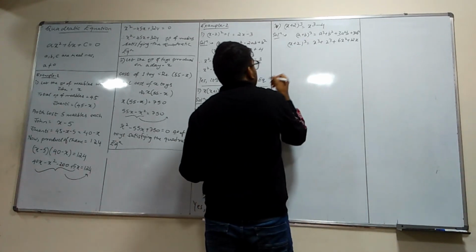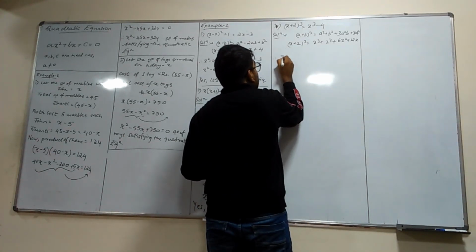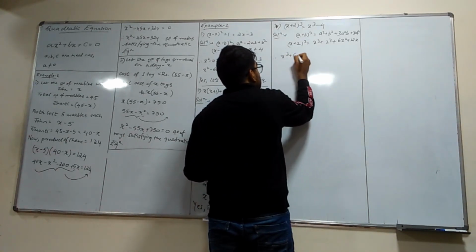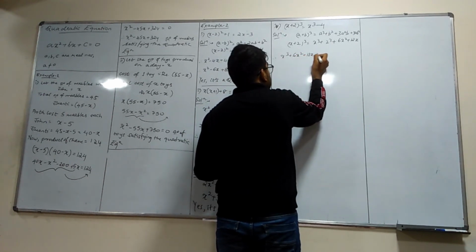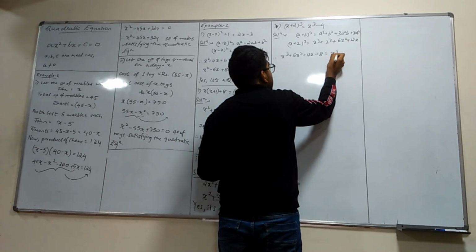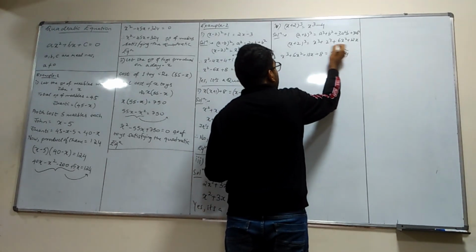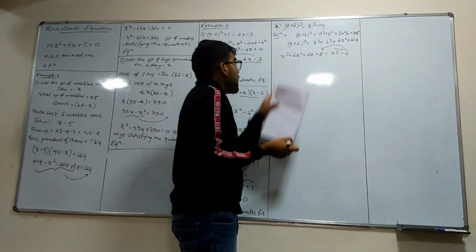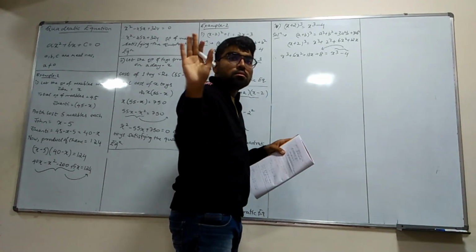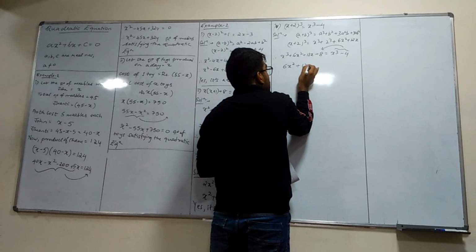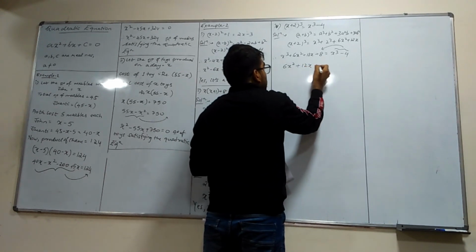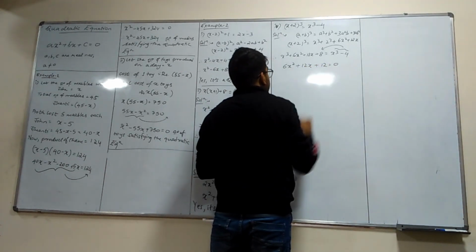Therefore x cube plus 6x square plus 12x plus 8 equals x cube minus 4. Get this to this side. X cube cancels, so we have 6x square plus 12x plus 12, which when it comes to the other side will be equal to 0.